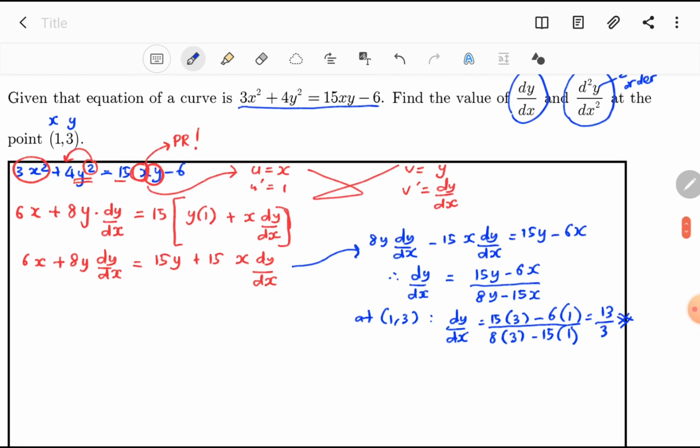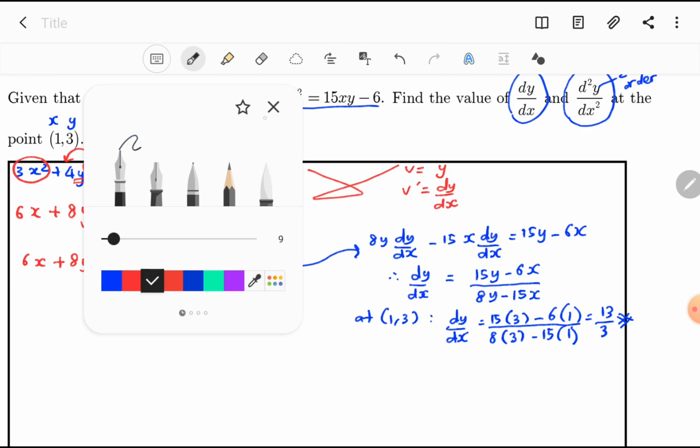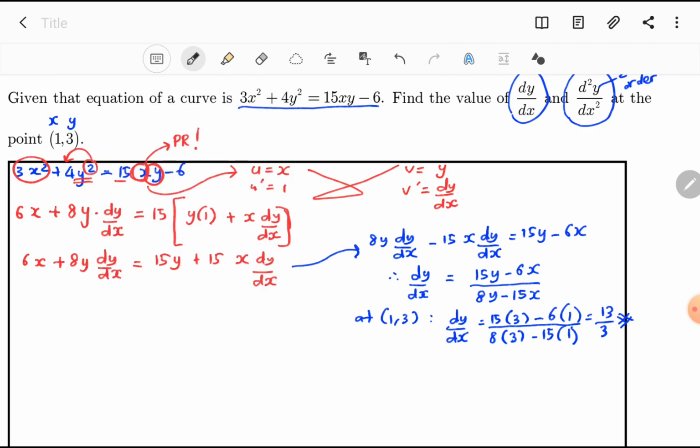Next part is to find the second order derivative. For the second order derivative, we need to differentiate dy dx one more time. And dy dx here is in division form, so we need to use the quotient rule.